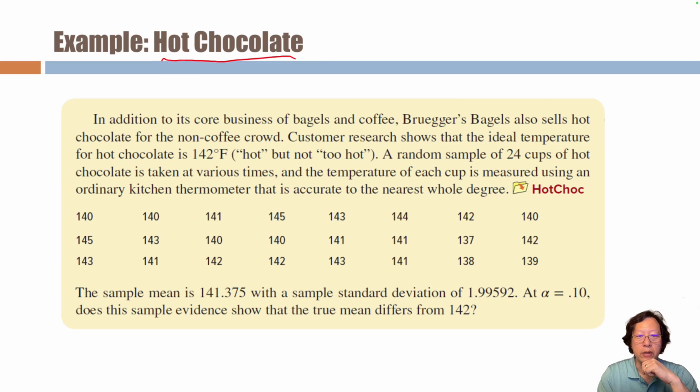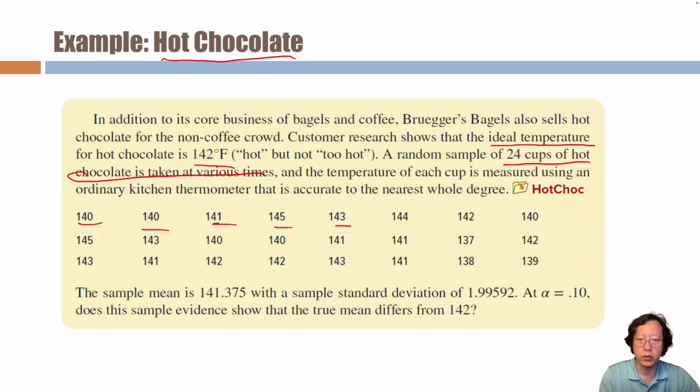So, hot chocolate. This is about the temperature. The temperature should be 142 Fahrenheit. A random sample of 24 cups of hot chocolate is taken, and the readings are 140, 140, 141, 145, and so on.